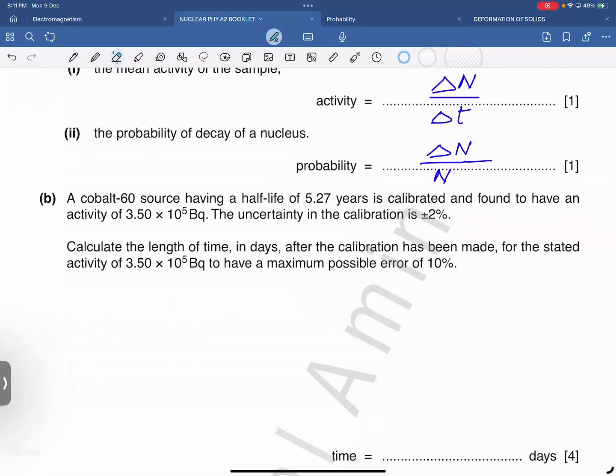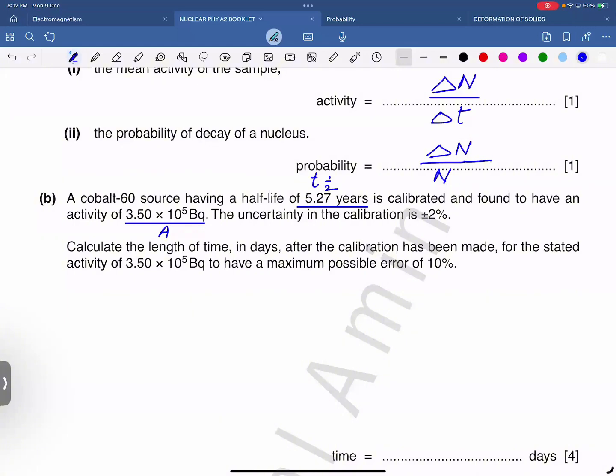Cobalt 60 source having half-life 5.27 years is calibrated and found to have an activity. Uncertainty in calibration is plus minus 2%. The length of time in days after the calibration has been made for the activity, this maximum possible error is this.